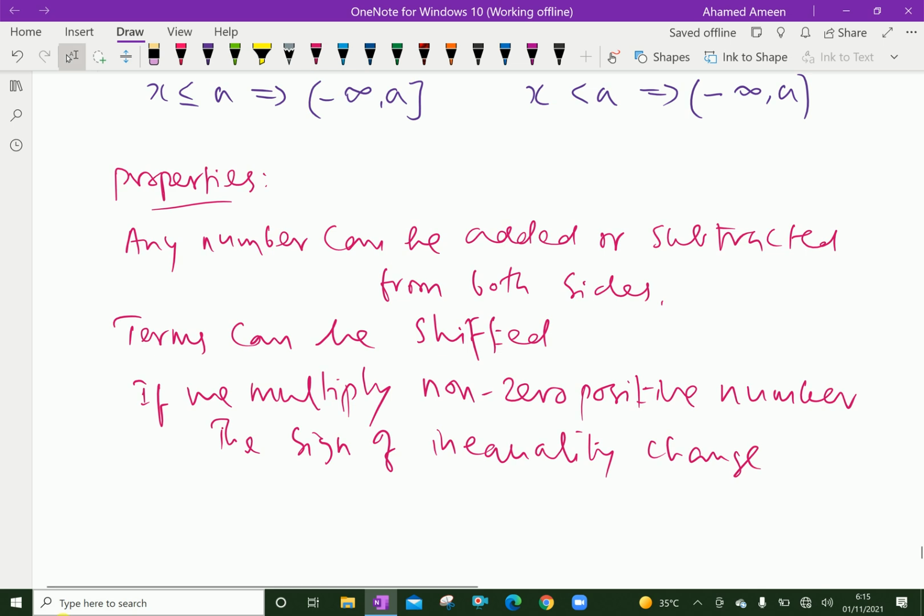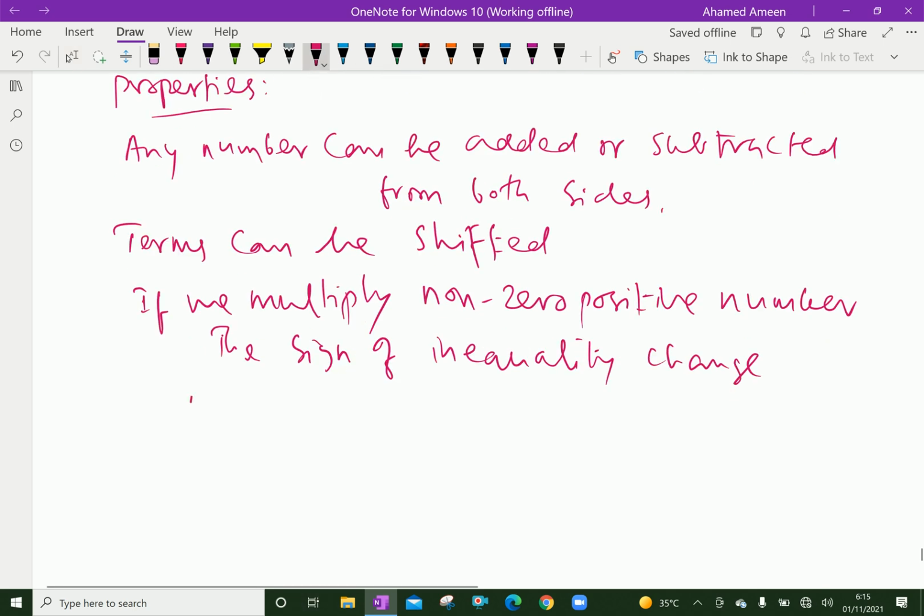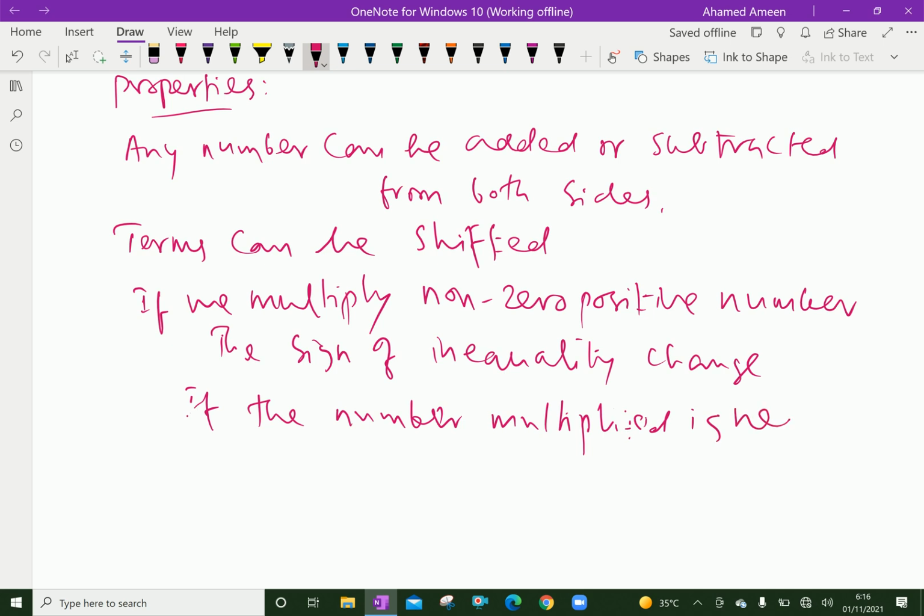If the number multiplied is negative, the sign of inequality changes.